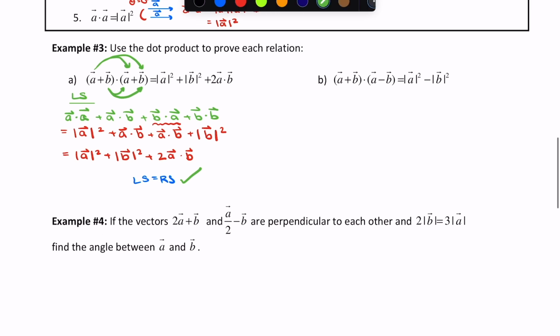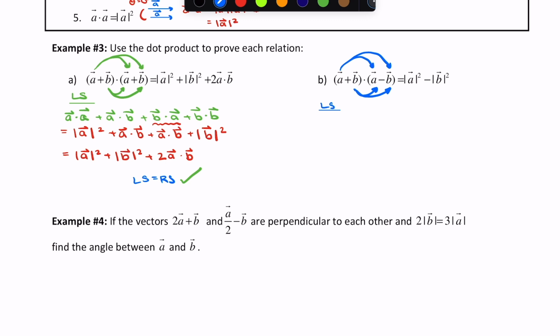Okay, so b here, then we have vector a plus vector b times vector a minus vector b. So again, we are going to distribute. Here again, on our left side, we want to make it equal to vector a squared minus vector b squared.